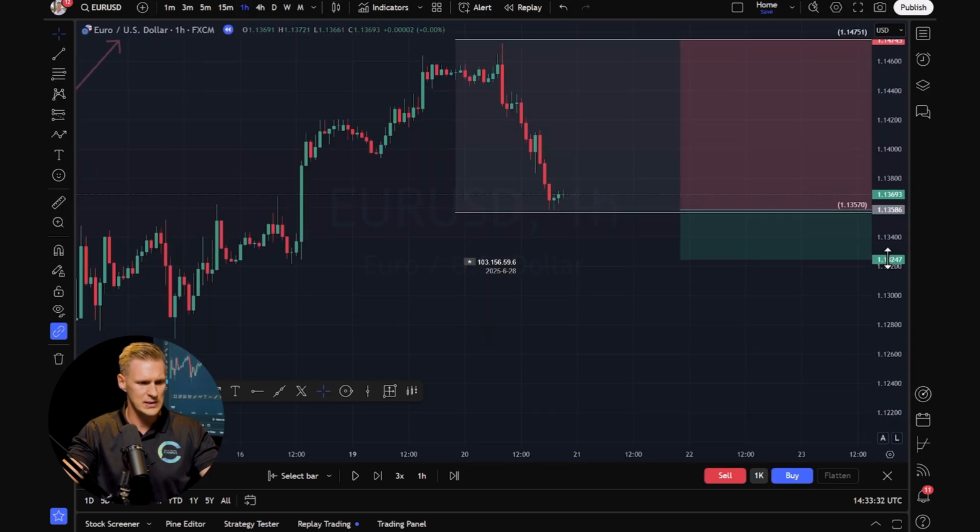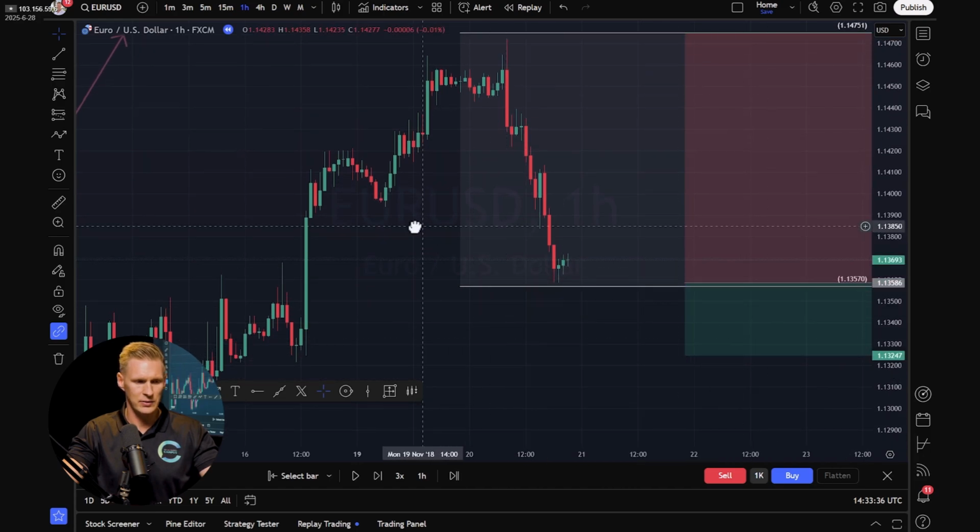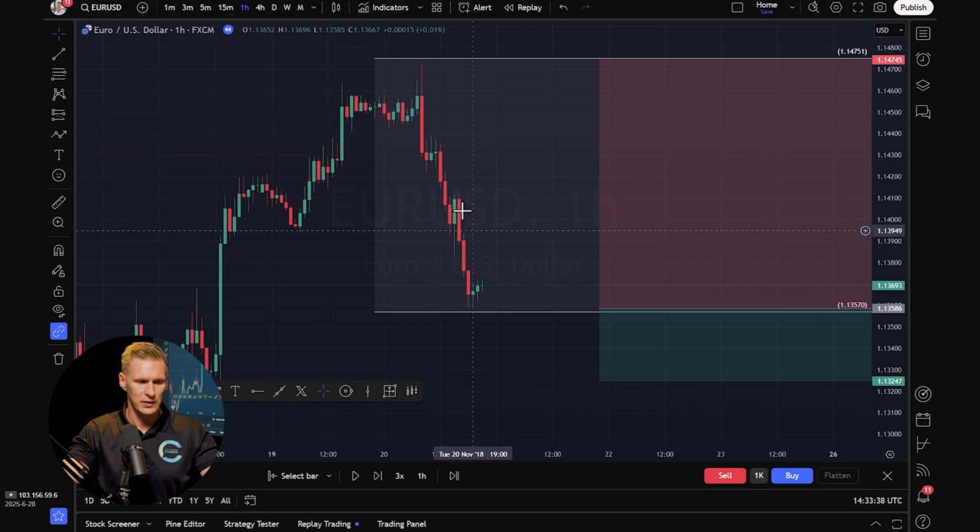And look at this. I can see there are two zones, right? This one here, that's a drop-base-drop. That looks good. And level on top of level. Look, we have a little bit more here above. You can see that, right?